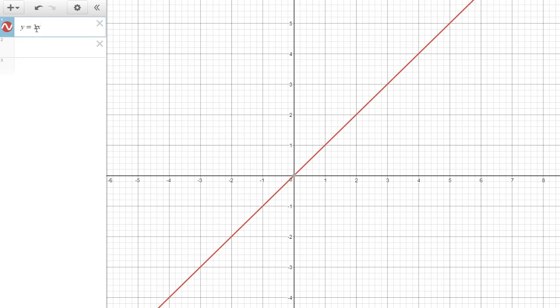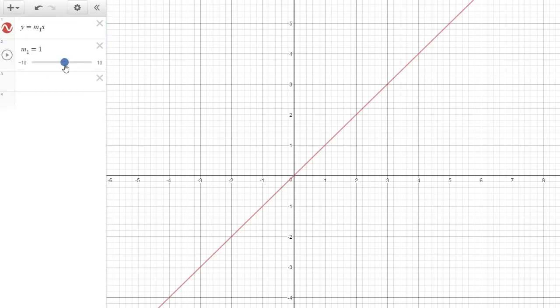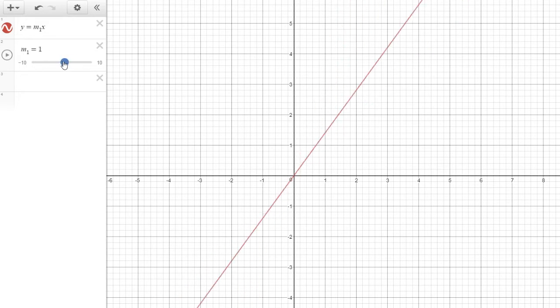Let's say we have a line and we say y equals m1x, okay, so that means that we've got a line there whose gradient is equal to m1, so in that instance the first gradient is just m equals 1, say along 1 up 1, and you can see you can change that round about like this here.